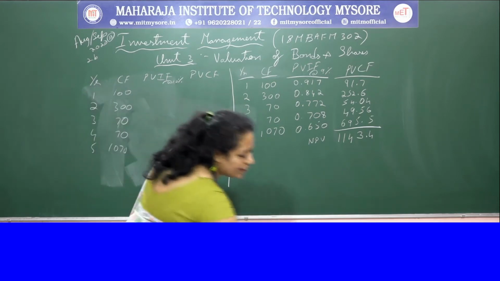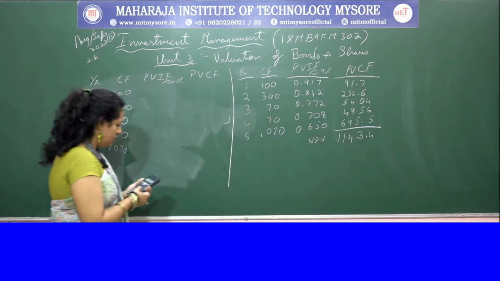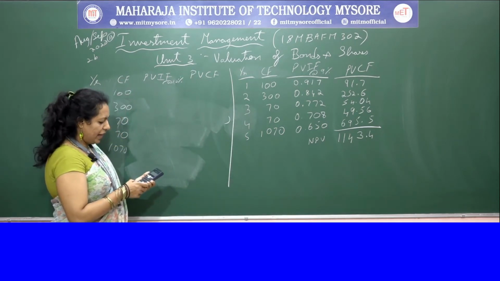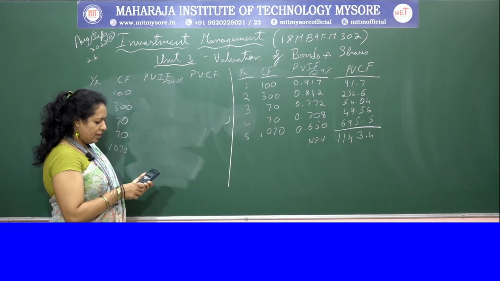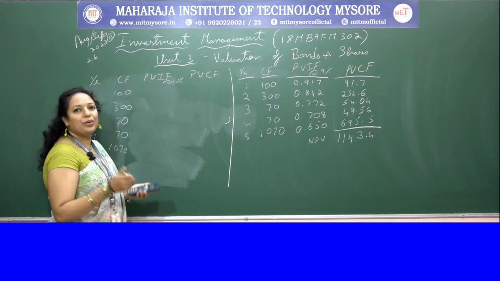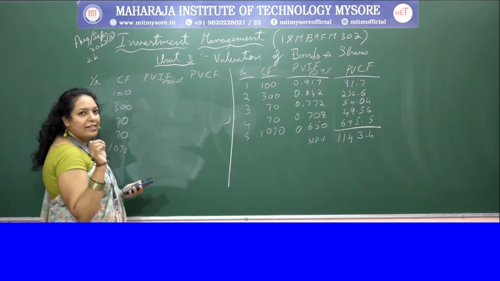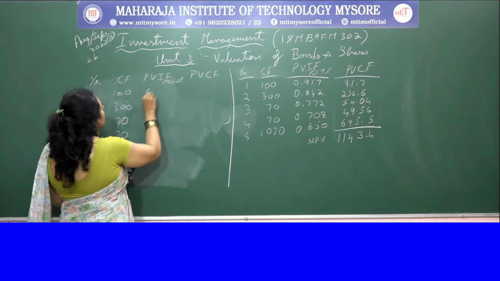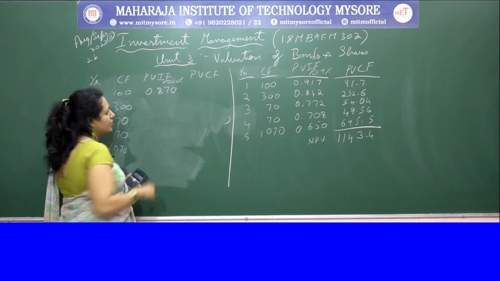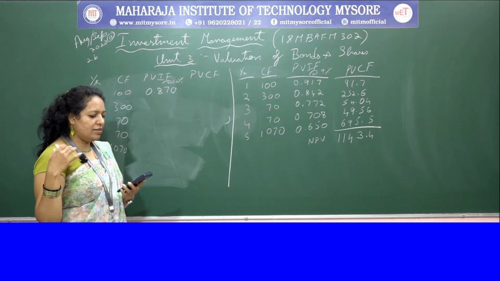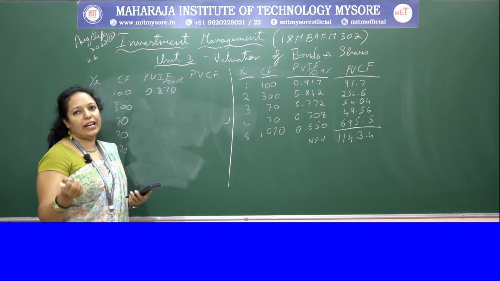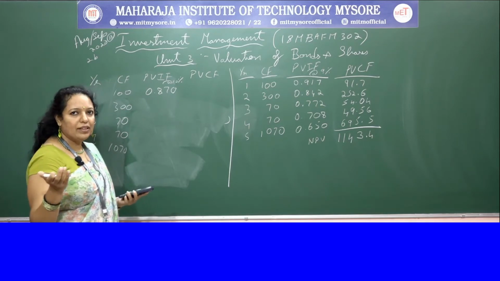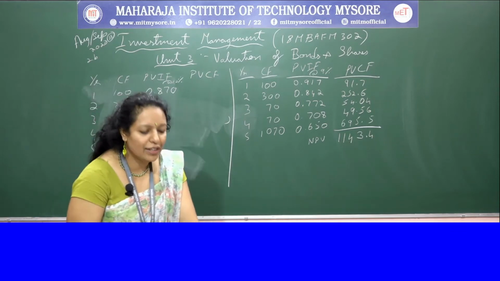So let's calculate: 1 divided by 1.15, you get 0.870, here it is 0.8695, I have rounded to the next number. Like this I have written all the values here.